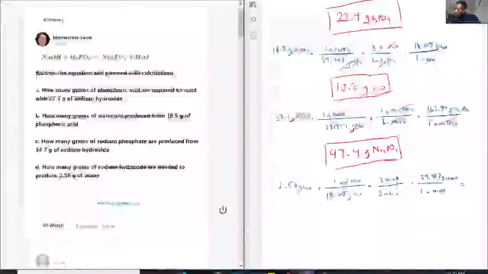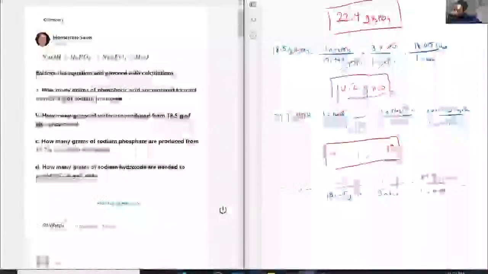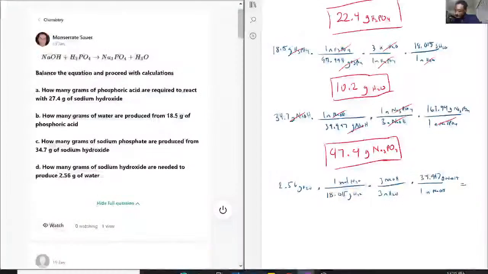And let's see now. So 2.56 divided by 18.015 times 3 divided by 3, which is just 1, times 39.997 grams. Okay?